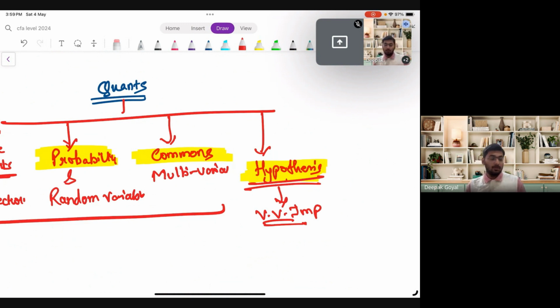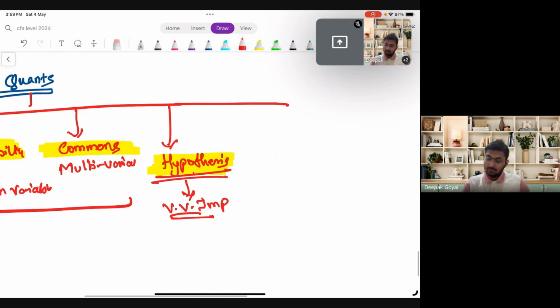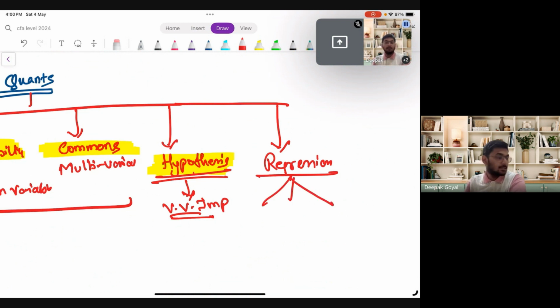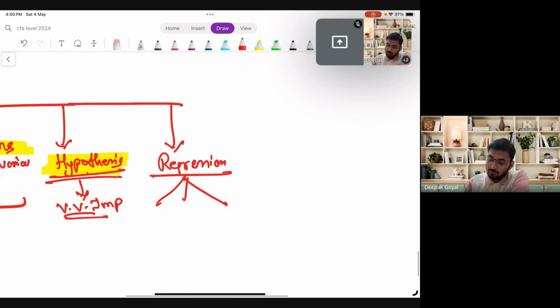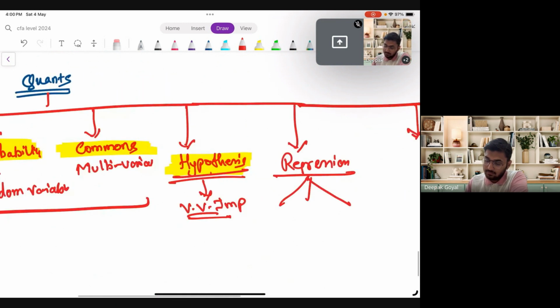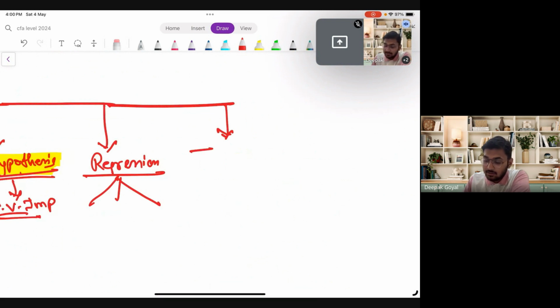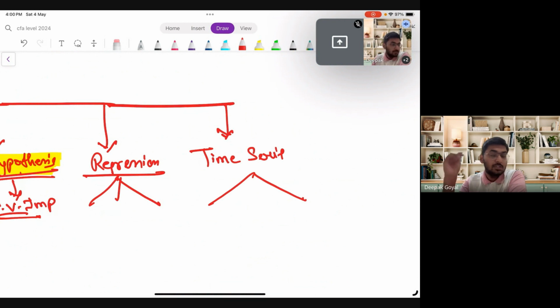Okay. Now, after this, the next head is regression. Inside regression, there are 3 topics: linear regression, multiple regression, and regression diagnostics. Clear? The 6th head is your time series. This includes stationary time series and non-stationary time series.